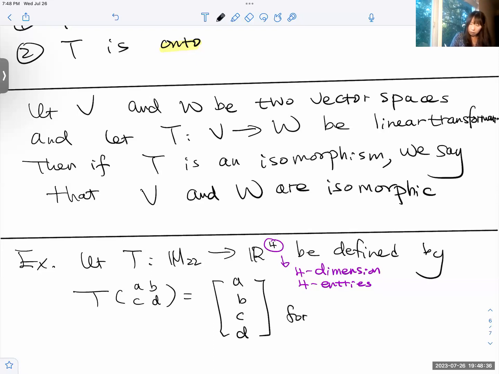And for all a, b, c, d from the domain of 2x2 matrices, show that T is an isomorphism.